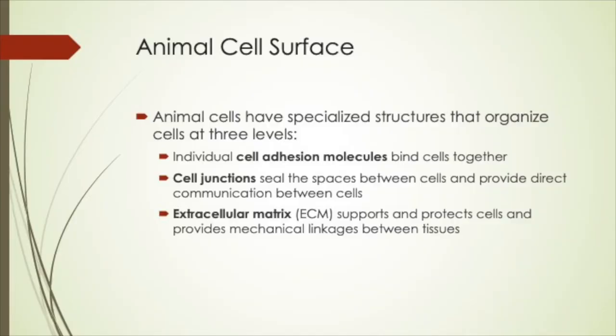So we talk about the animal cell surface. Not really much to talk about here. There's cell adhesion molecules that bind cells together. Certain ones can bind them together, like your skin. You don't want to allow certain things inside your skin, obviously.